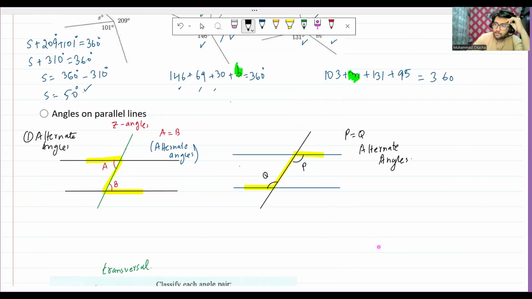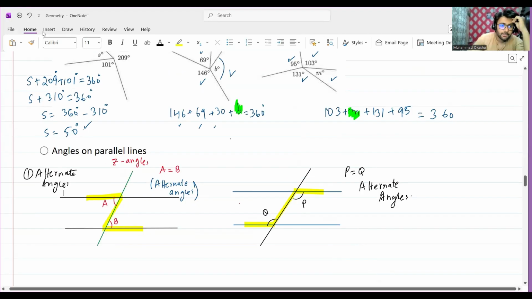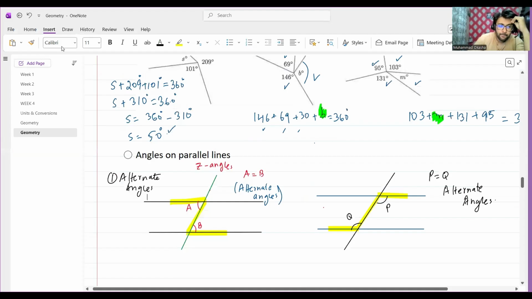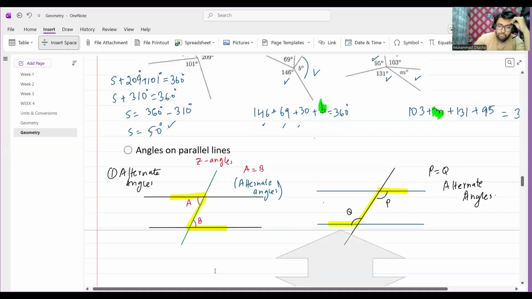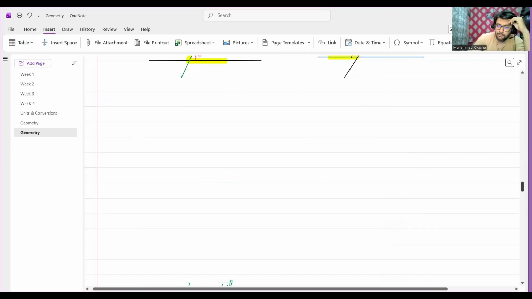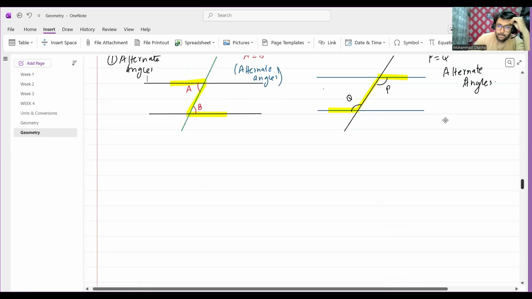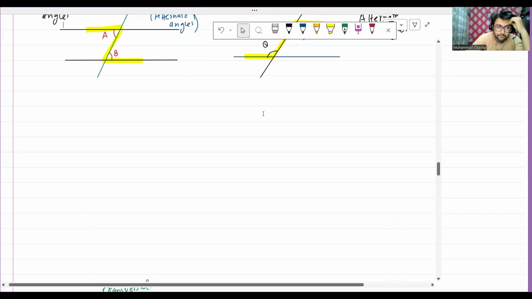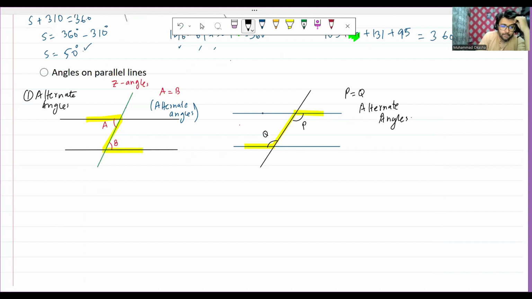The other ones are called corresponding angles.